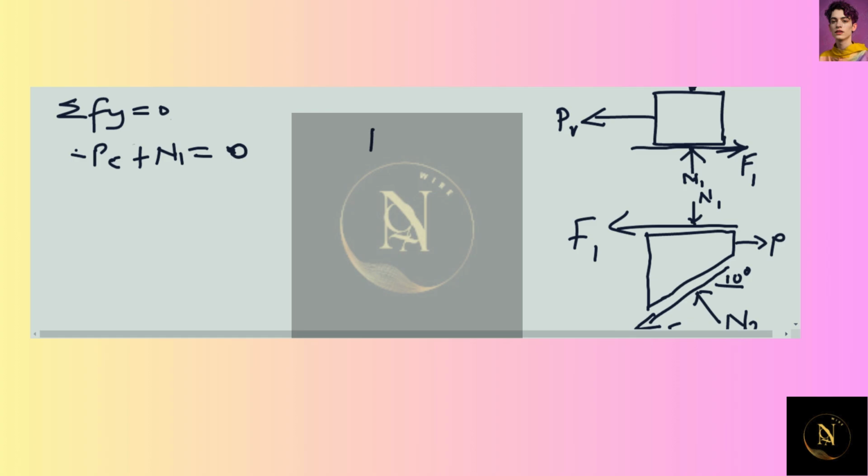Of course, Pc is the compressive force and is 2.63 kilonewton. So when we do this, we arrive at N1, the normal reaction at point 1, equal to Pc. Therefore, N1 is equal to 2.63 kilonewton.